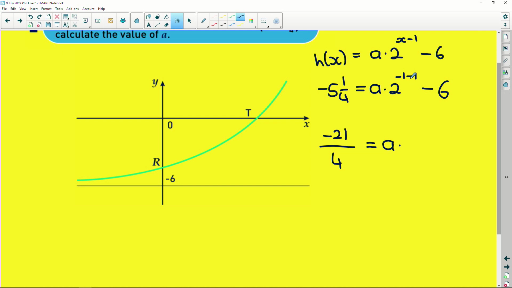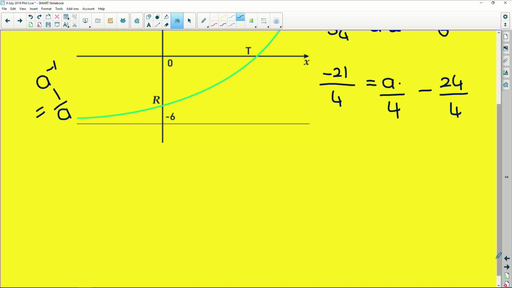So 2 to the power of -2 is 4, but it goes in the denominator because remember, a to the -1 is equal to 1 over a. Just a side note over there. And we've already got two fractions with a denominator of 4, so we might as well convert this -6 into a fraction with denominator of 4, so we get -24 over 4.